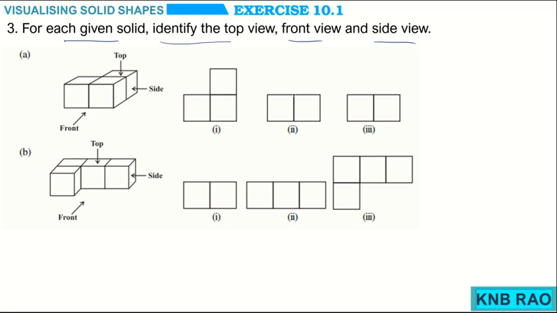I can say this as a top view, this is a front view and this is side view. Why? Because top view will be of 3 squares and this is top view, whereas here this is front view and it is top view and here first one is side view.